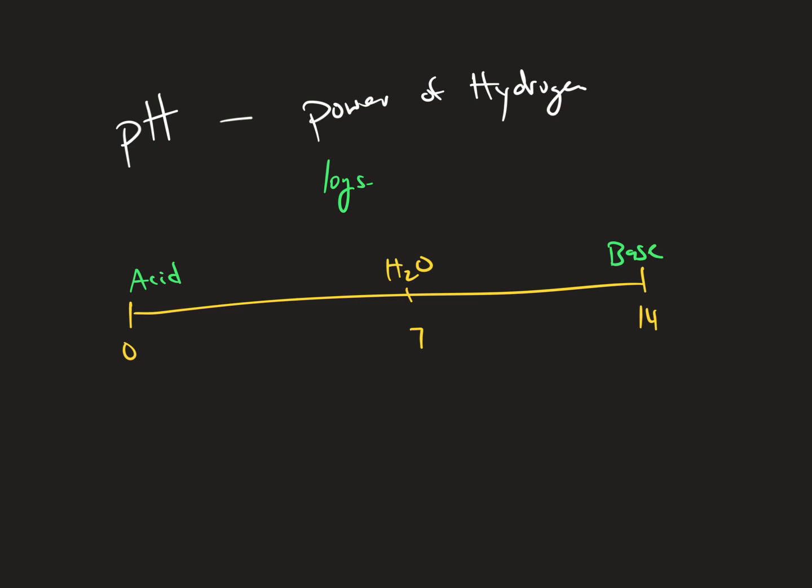Water's amphoteric, it's both acid and base, right smack in the middle. Good? So the closer to 0 it is, the stronger acid it is. Closer to 14, the stronger the base it is. Good?